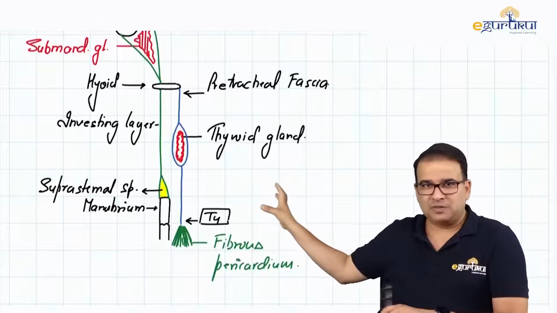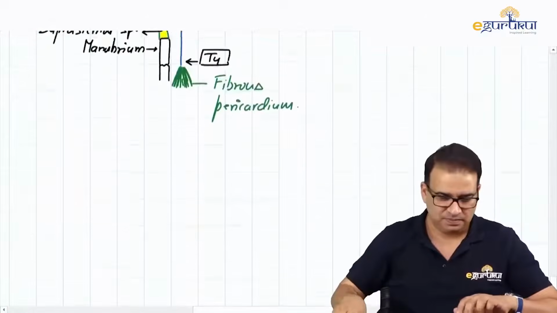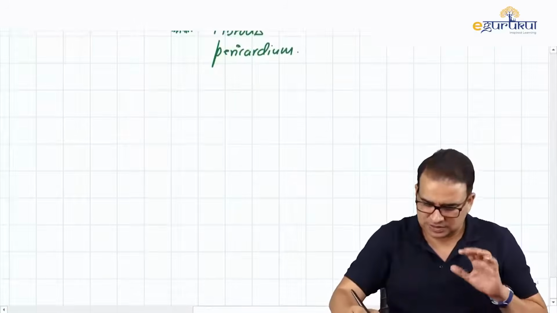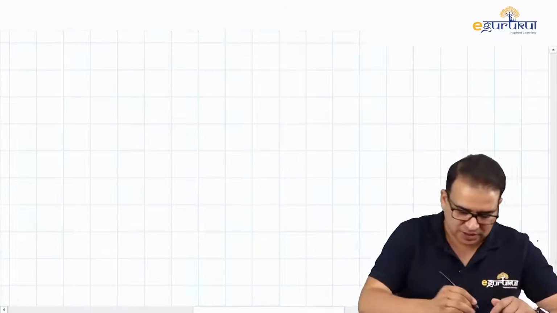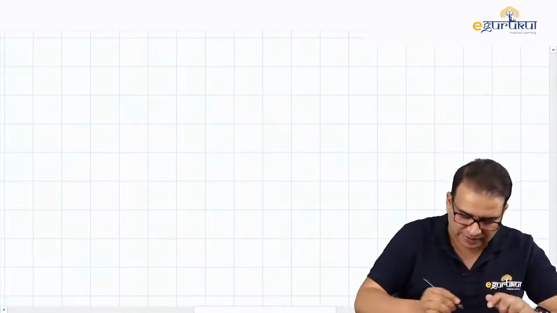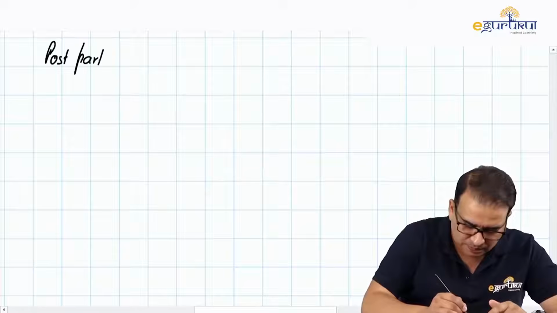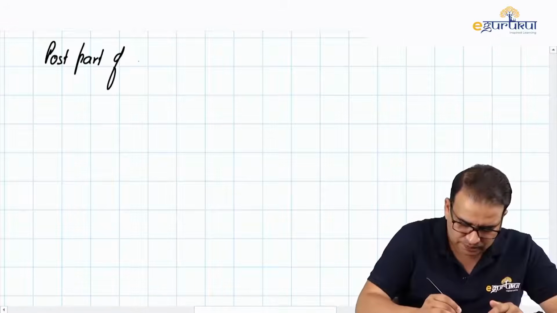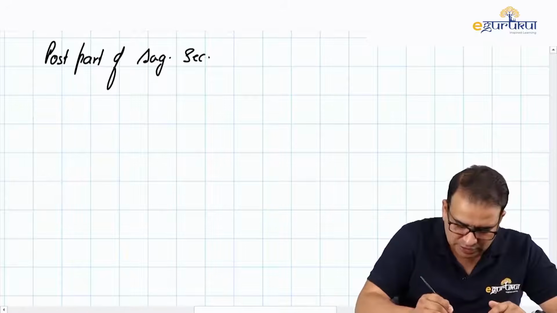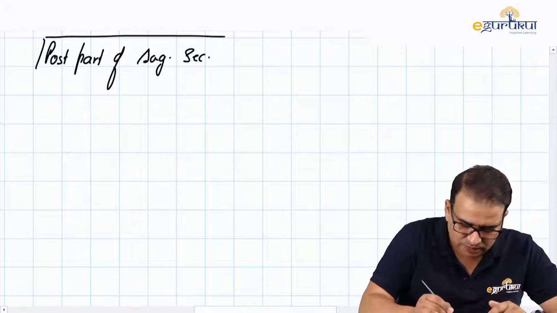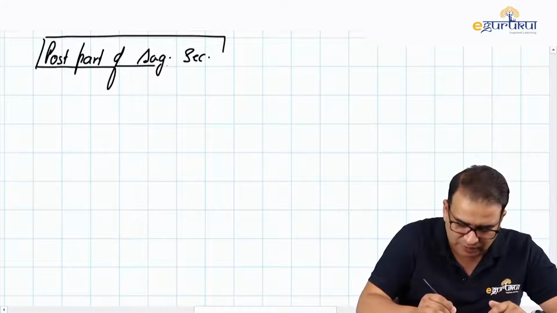So the posterior part of this diagram, we're going to draw separately. It's just the posterior part of the same sagittal section, so again, it will be better for your later understanding. Just note it down that it's the posterior half of the same sagittal section that we drew.